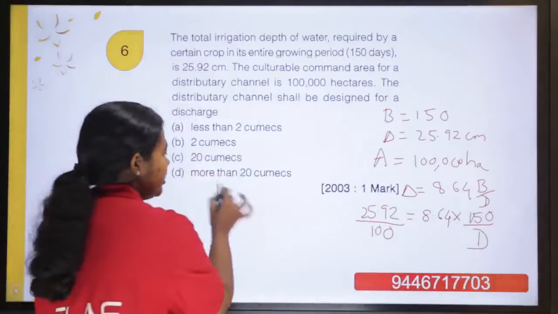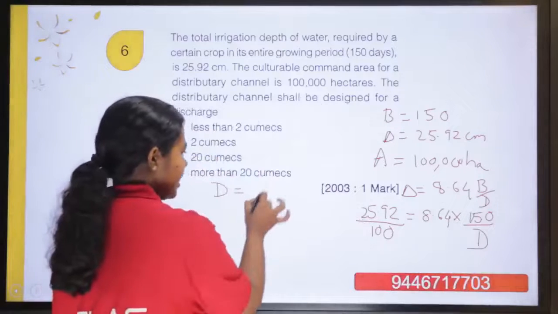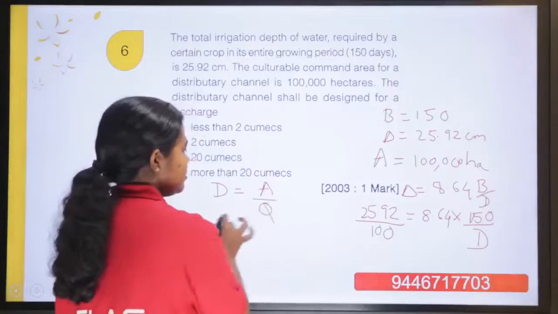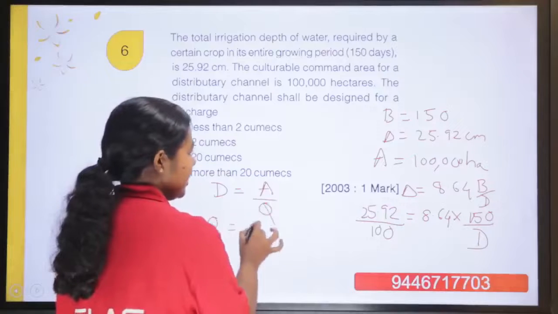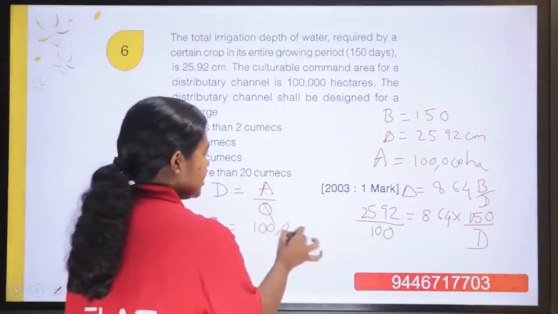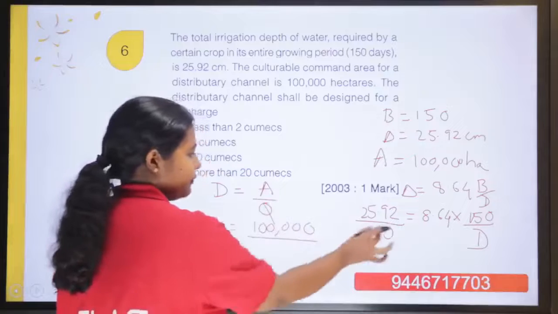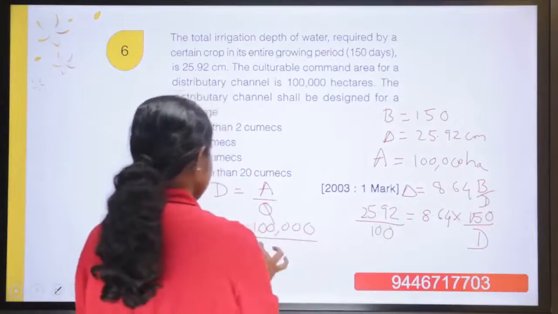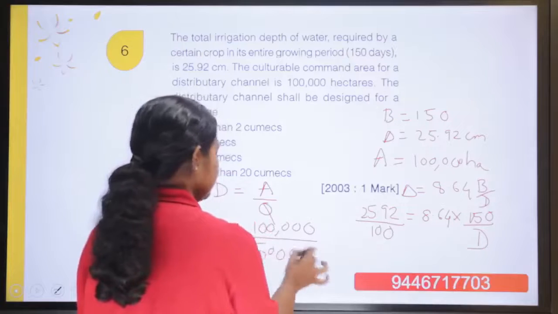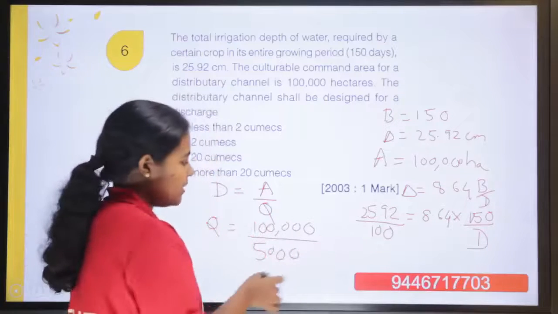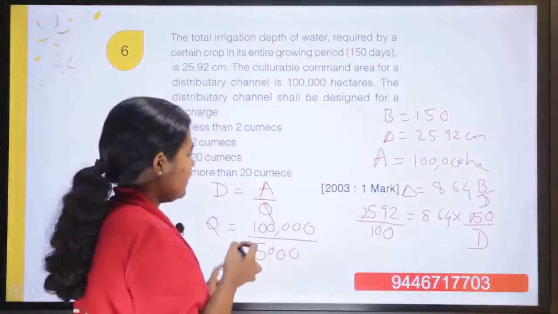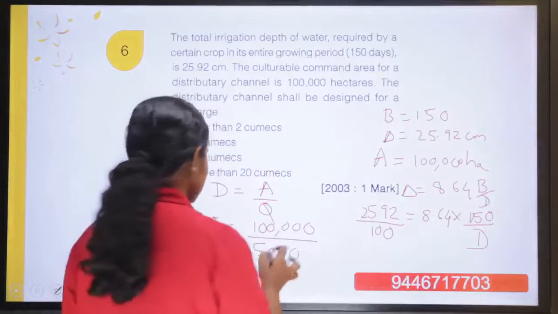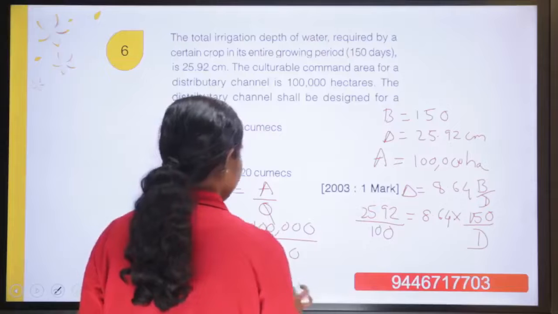Now again duty is equal to area by discharge. So discharge will be equal to area, that is 100,000 hectares, divided by the value of duty from here. So the value of duty will be 5,000 hectares per cumec by solving this equation. So we will find out the discharge. The discharge will be equal to 20 cumec.